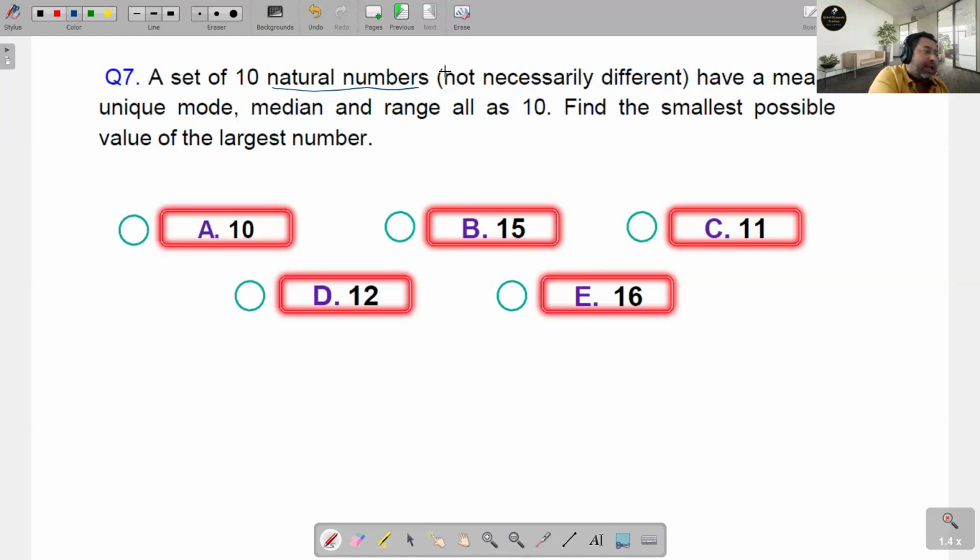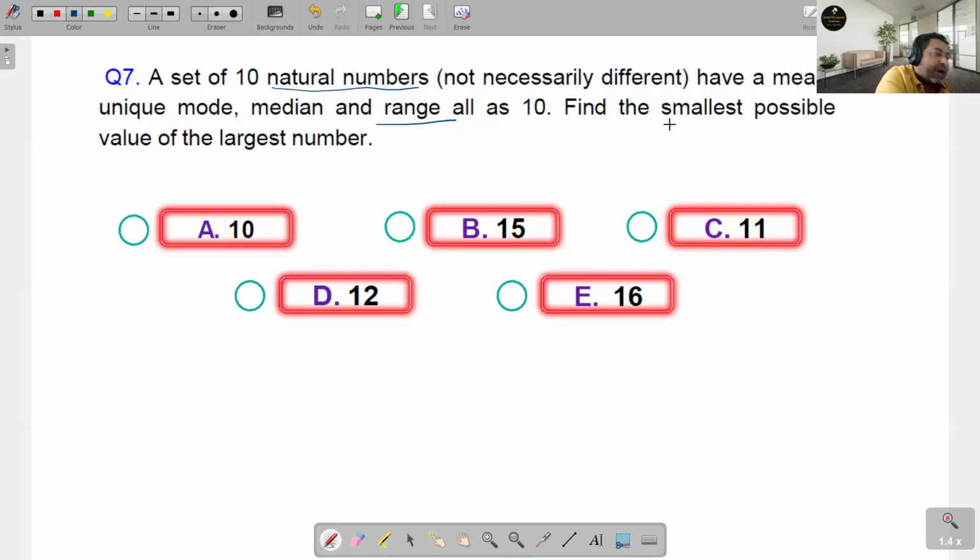All right. So let's understand what a range is. If you put a data set in increasing order, the largest number minus the smallest number is the range. That is, the difference of them is called the range.